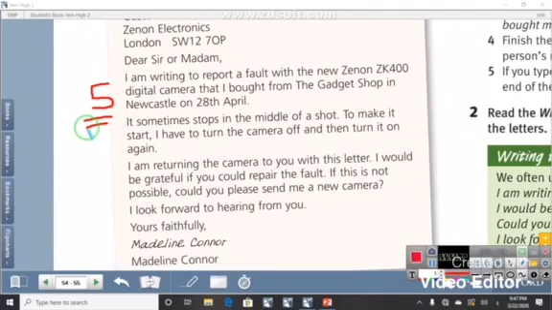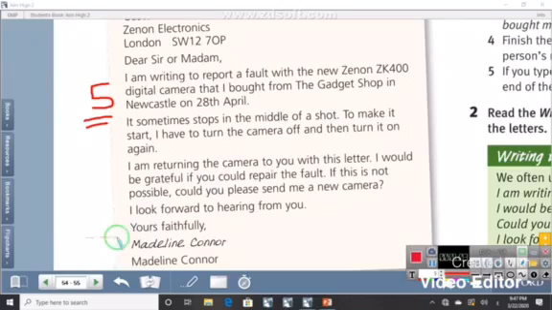To make it start, I have to turn the camera off and then turn it on again. I'm returning the camera to you with this letter. I would be grateful if you could repair the fault. If this is not possible, could you please send me a new camera? I look forward to hearing from you.